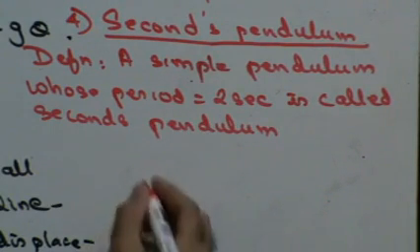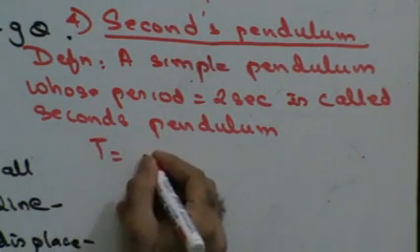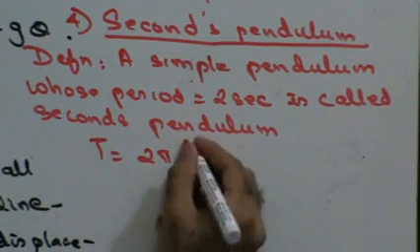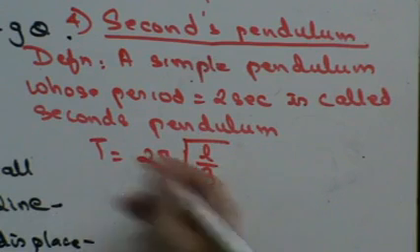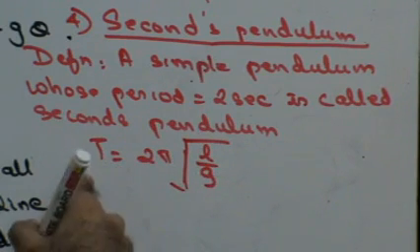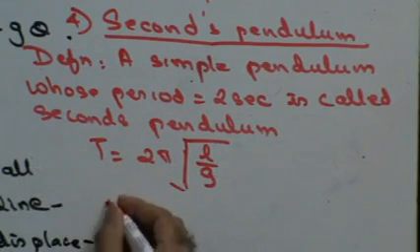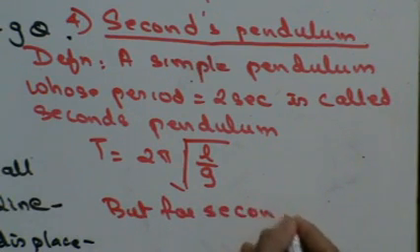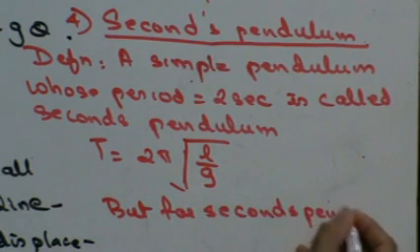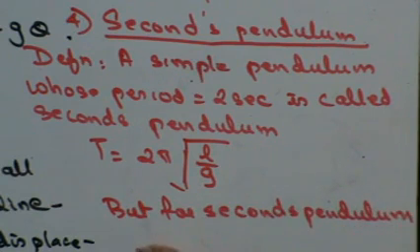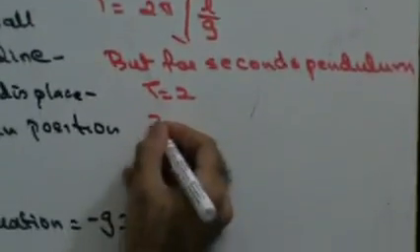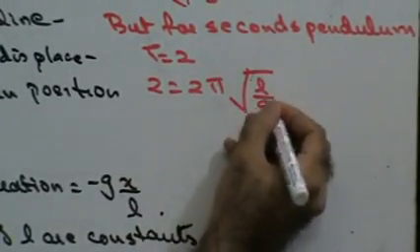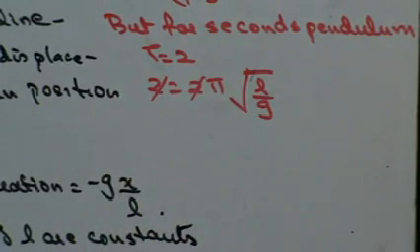Right, that means we know that for a simple pendulum, T is equal to 2 pi root of L by g. For a seconds pendulum, T is equal to 2, therefore 2 is equal to 2 pi root of L by g. 2 and 2 get cancelled.